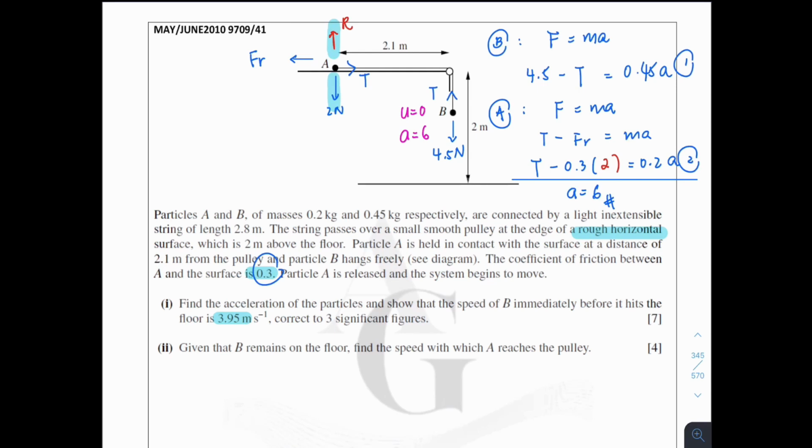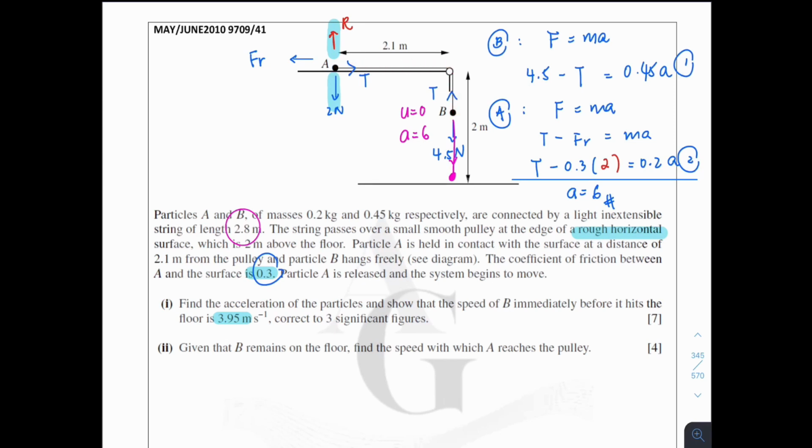And how much has B traveled from this point to this point? B should move from here to here. Remember just now they mentioned that the length of the string was 2.8 meter. So in total, the length here is 2.8.